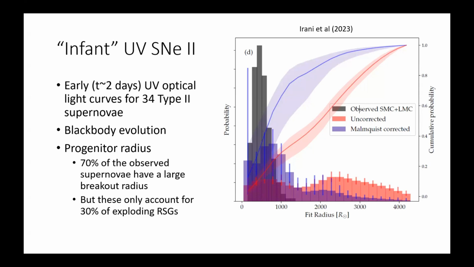So when we account for this, it actually shows us that a large fraction of exploding red supergiants are consistent with the radius distribution of observed red supergiants, with only about 30% of exploding red supergiants having this dense mass loss.